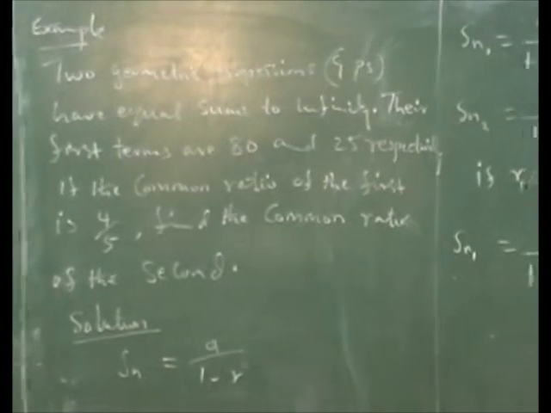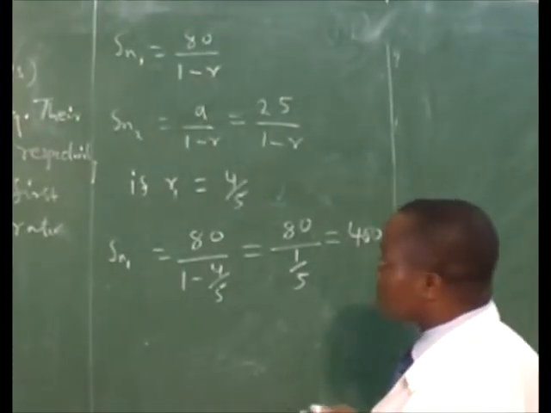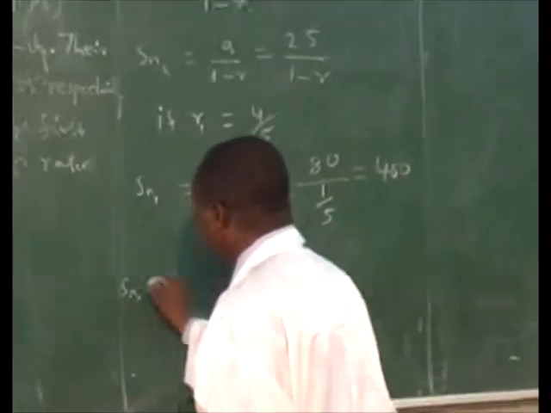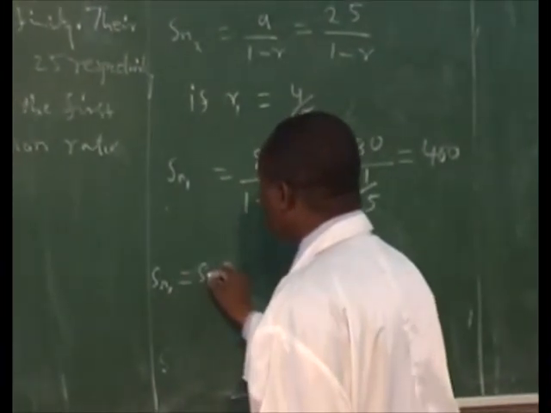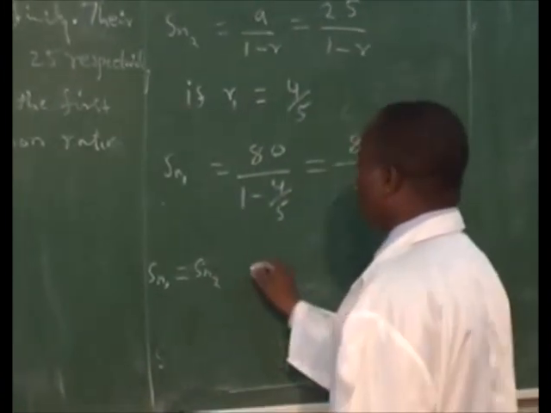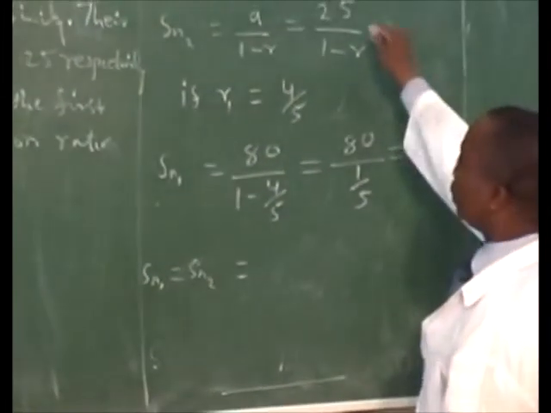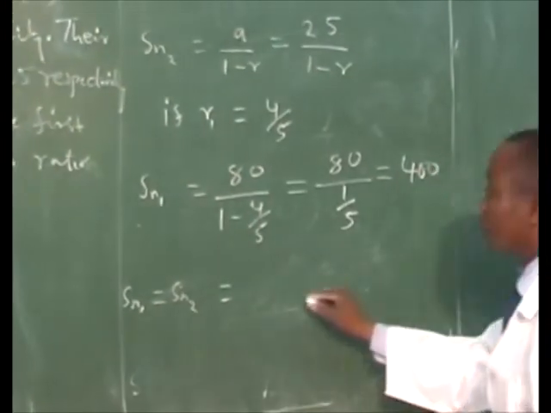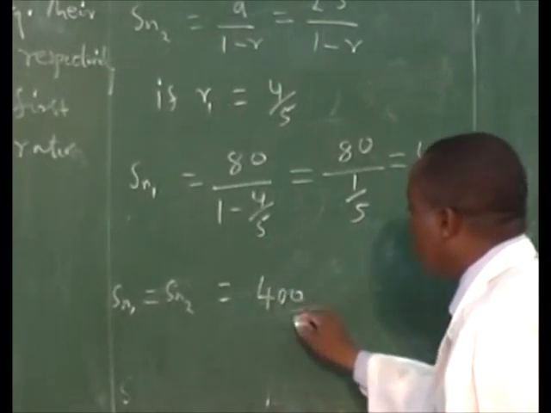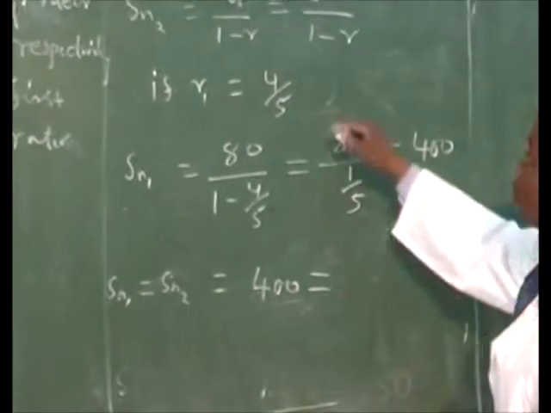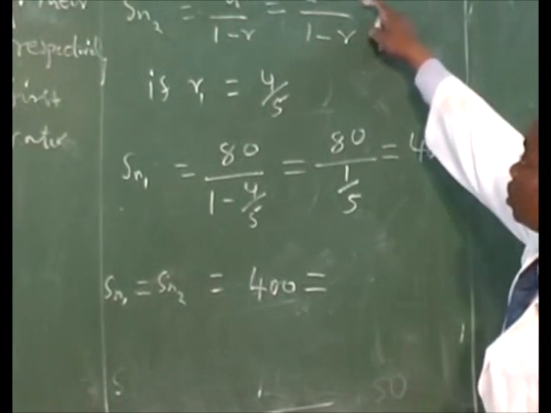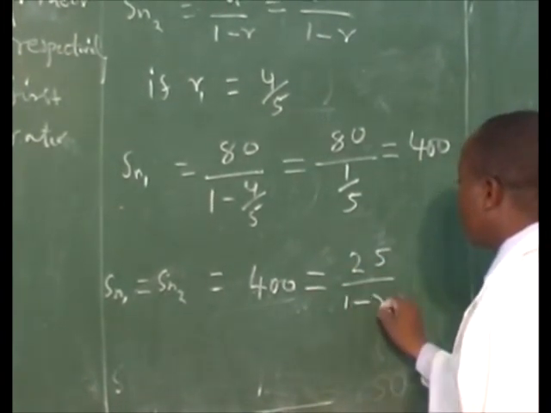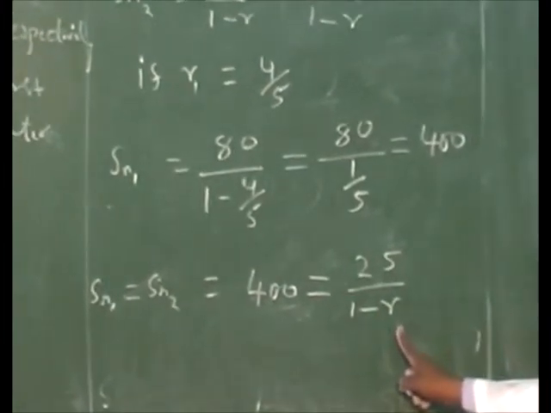So, what we mean is, since they are equal sums, I would say that Sn1 is equal to Sn2, which is the same as picking this first one. And if you have seen it, the first one is 400. 400 will be equal to the second, which is 25 all over 1 minus R. So this is equal to this.